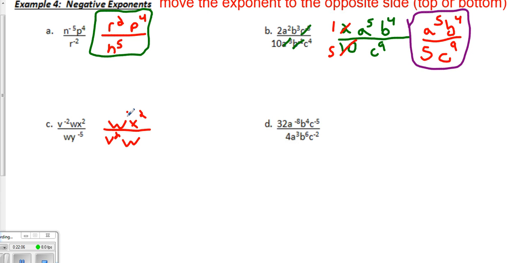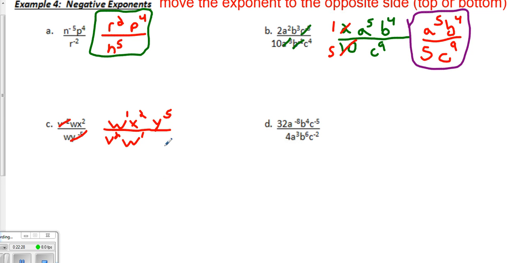To make it easier, we might call it w to the 1 and w to the 1. This y to the negative 5 moves to the top, becomes a y to the positive 5. So this was the first step in getting rid of our negative exponents and simplifying it. We just changed everything to a positive by moving it to the other side.